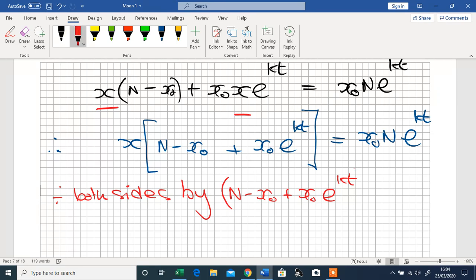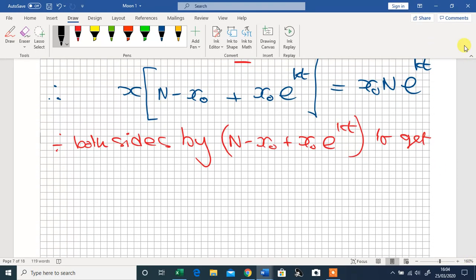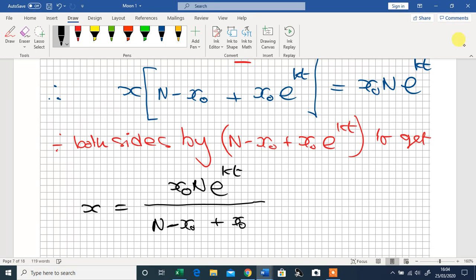So we'll just put that in brackets to get, and we'll just scroll up a little bit. Right, so we get x equals x naught n e to the kt over n minus x naught plus x naught e to the kt.